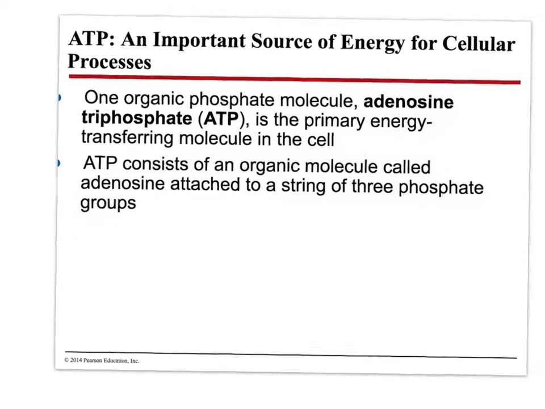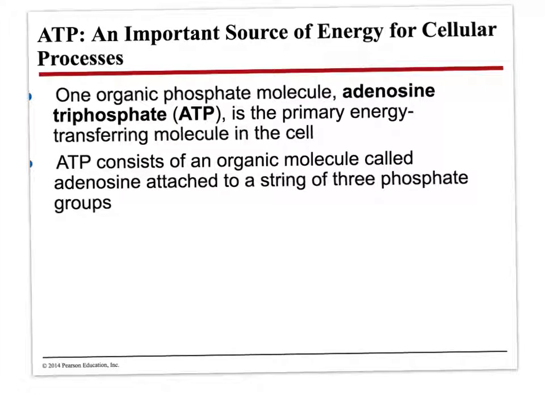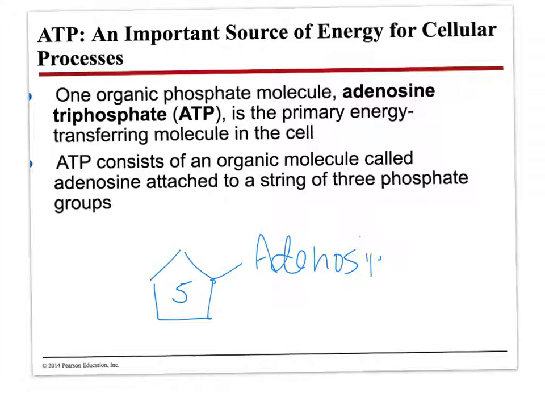Let's talk about cellular energy and another important molecule, ATP. Adenosine triphosphate is an organic phosphate molecule that's composed of a 5-carbon sugar, a base, adenosine, and phosphates, times 3.